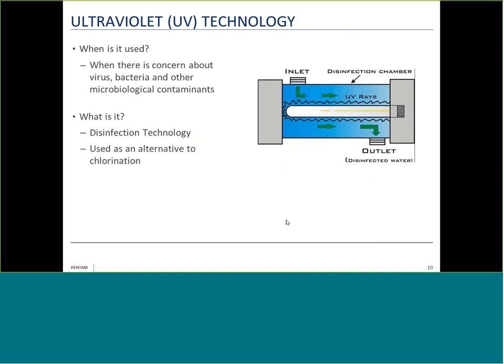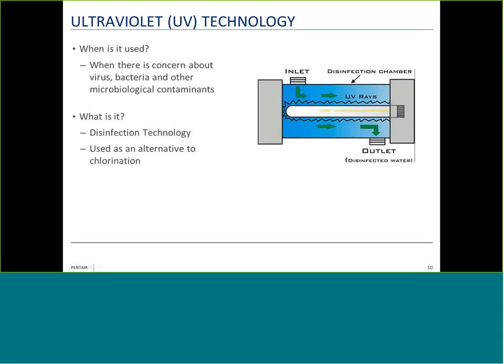So if you can stay in the shadow of this relatively big ball of dirt moving down the water stream, and you're a virus, that UV light never hits you, and it will never deactivate you or disinfect you.